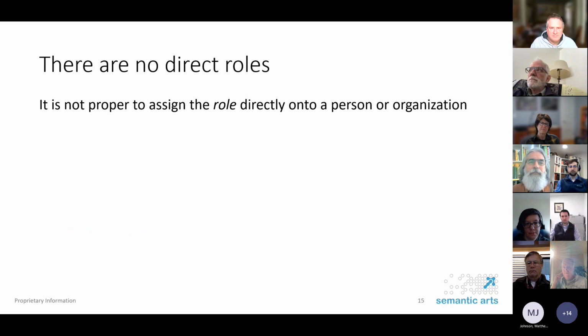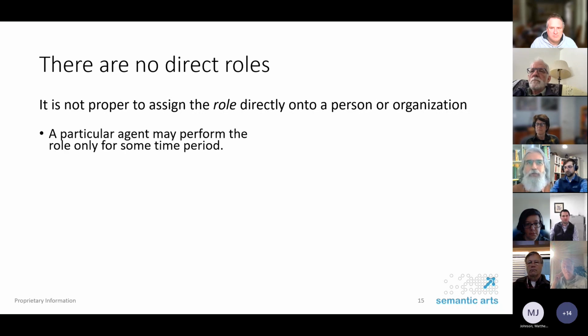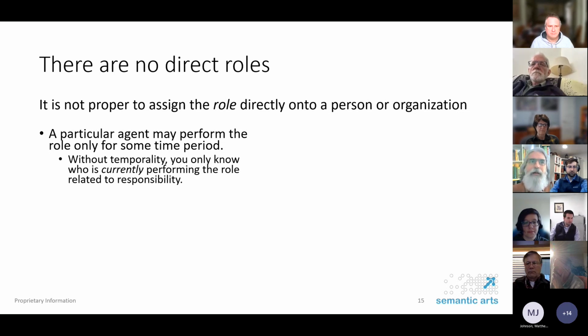I will note that it's my opinion that it is never proper to assign a role directly onto a person or organization, because this person or organization, which I'm just going to call agent here, may perform that role only for some period of time, temporality. And without temporality, you only know who is currently performing the role related to their responsibility.